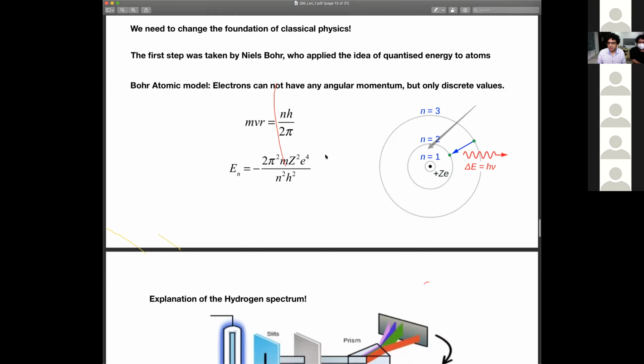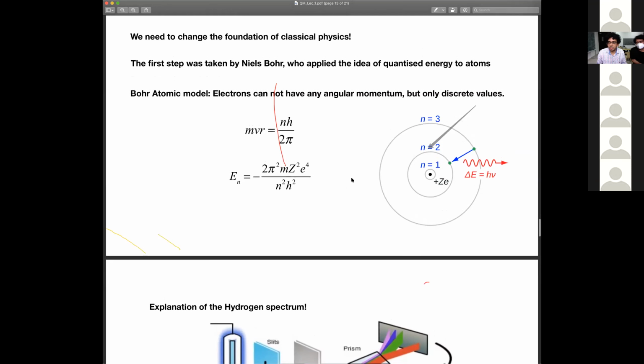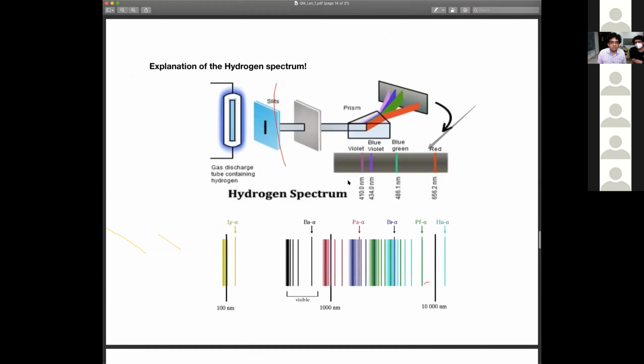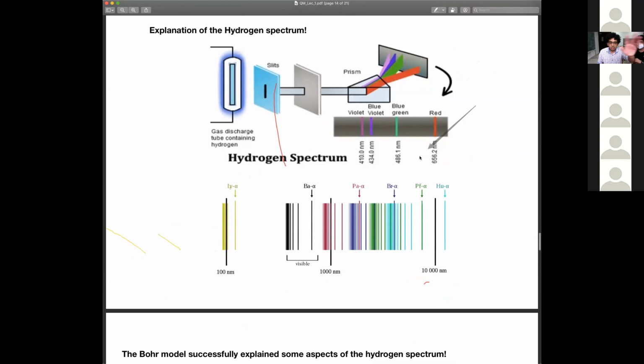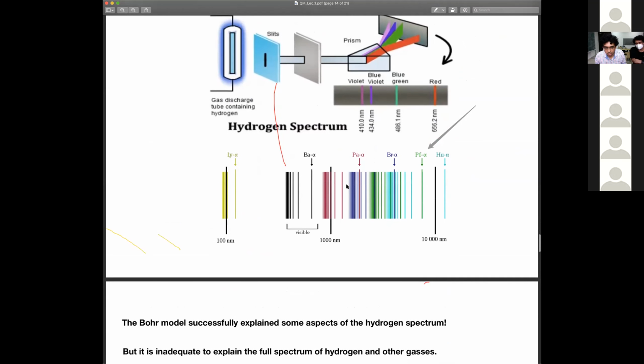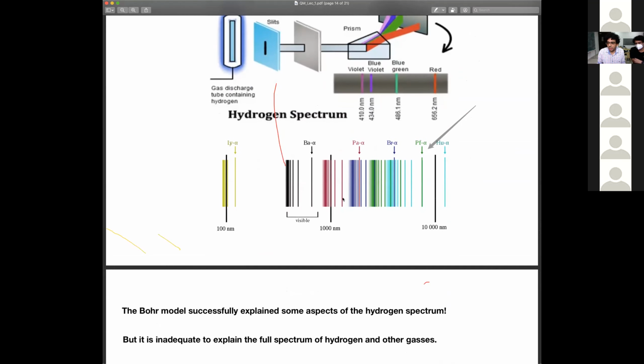Of course, Bohr's model has been replaced by more sophisticated models using quantum mechanics. But Bohr's preliminary model tried to explain many of the curious facts about the hydrogen spectrum. I don't want to go into detail, but basically the Balmer lines and the Lyman lines, he was able to explain the energy splitting. Basically, it is 1 over n1 squared minus 1 over n2 squared kind of a deal.